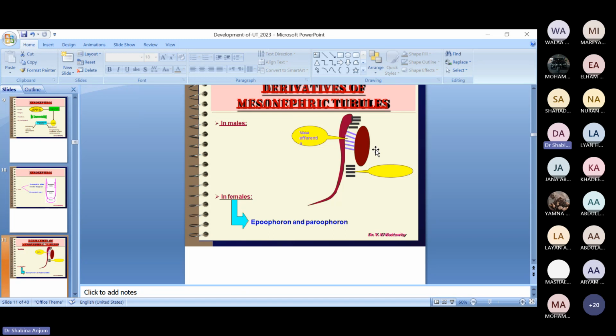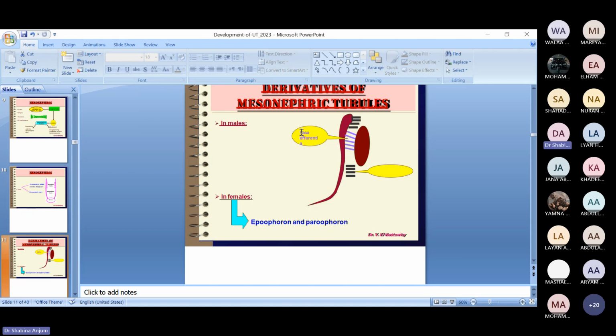It will form this structure that is called vasa efferentia. Okay, if you remember, the vasa efferentia will be connecting the testes with the epididymis, or the small tubules of the testes will come to the epididymis to form vasa efferentia.